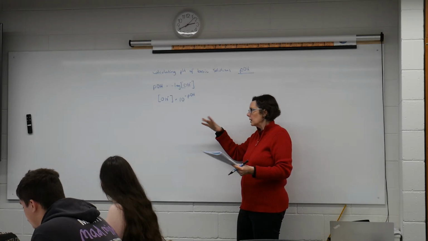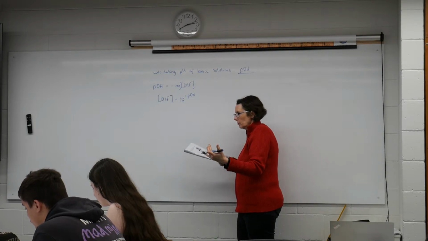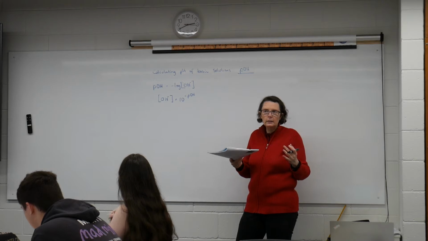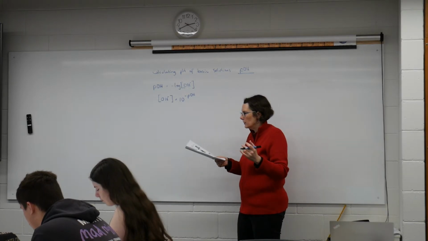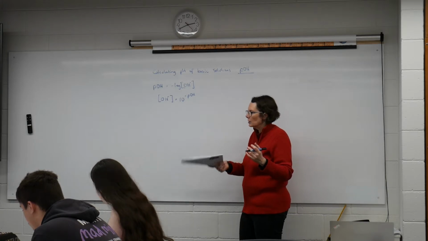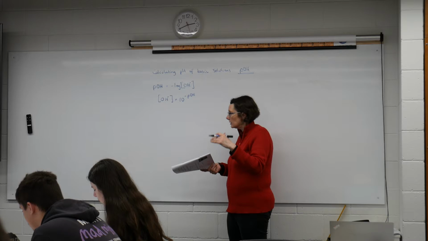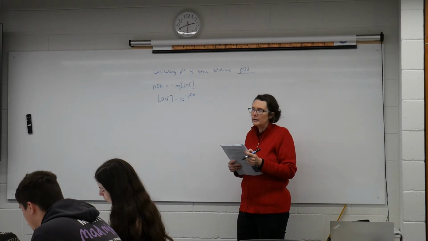Because of the constant for the dissociation of water, if we have equal numbers of hydronium ions and hydroxide ions, we end up with a value of 14. That sets our upper limit for pHs at 14. We can't have a number higher than that.